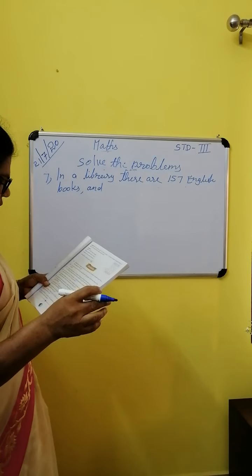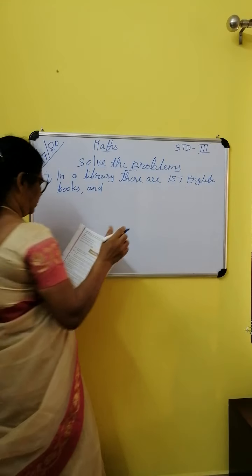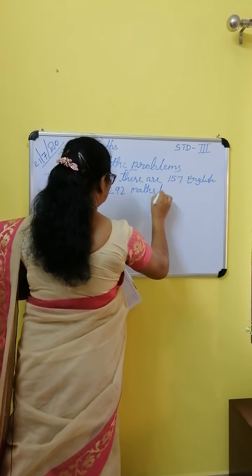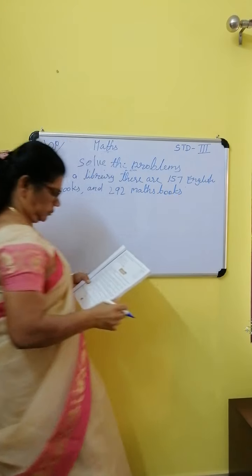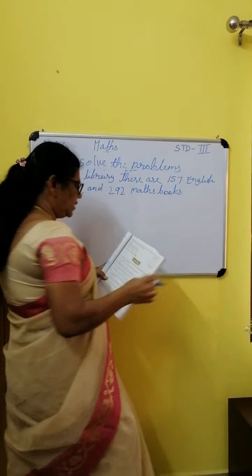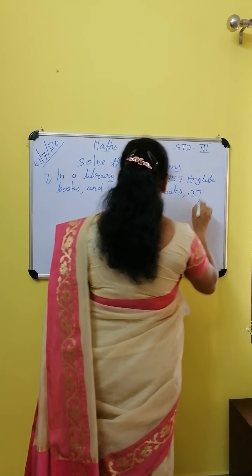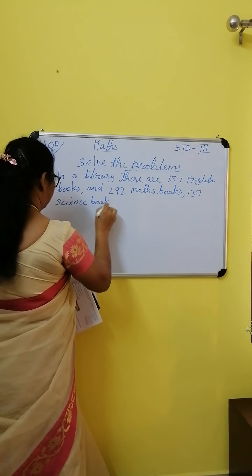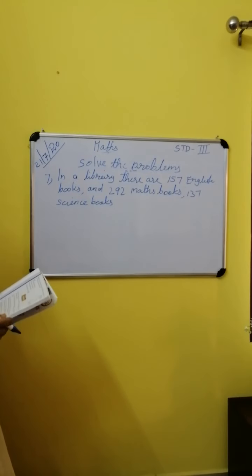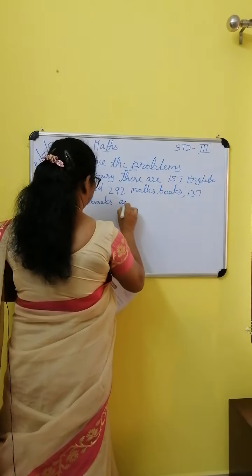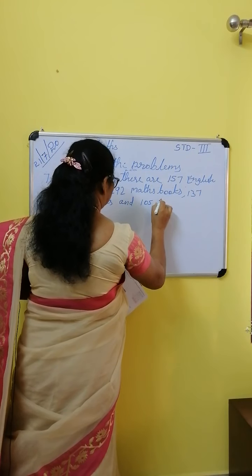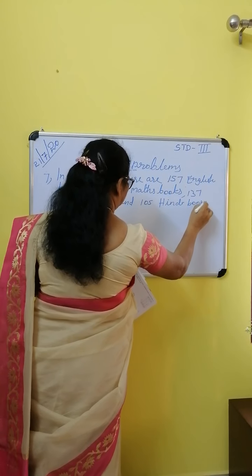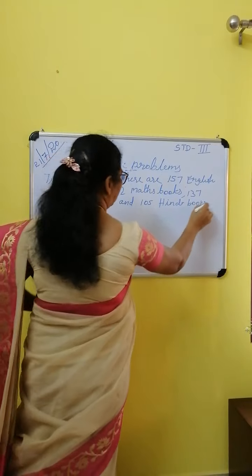157 English books, 292 maths books, 137 science books, and 105 Hindi books.